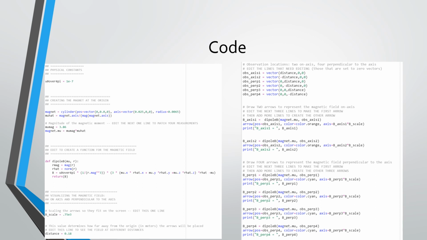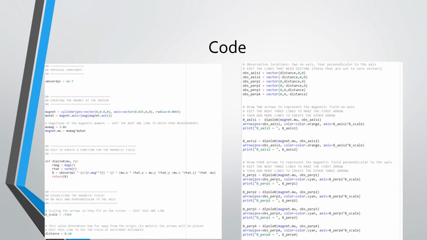The function under that creates the magnetic field, where we take the constant times 1 over r cubed times each direction in x, y, and z, and multiply that by r hat times mu.